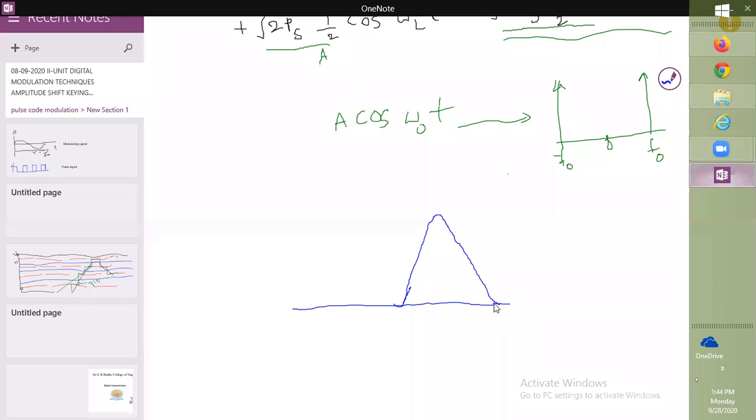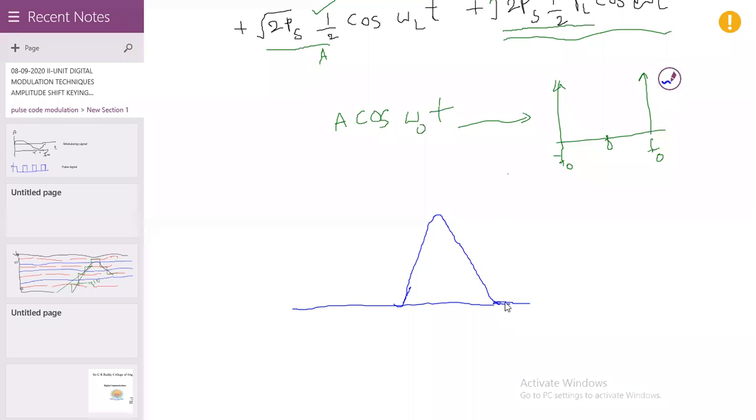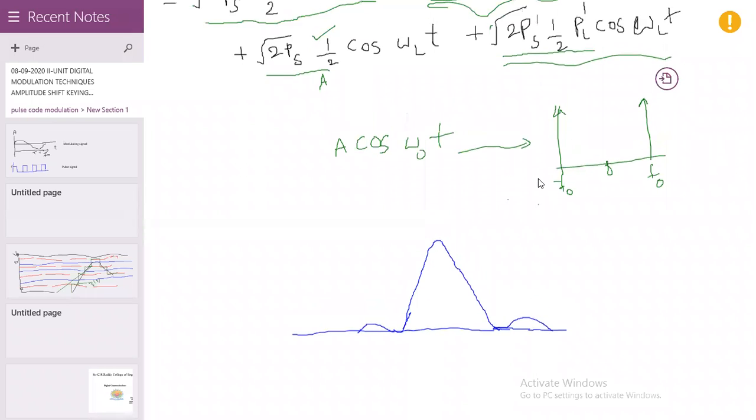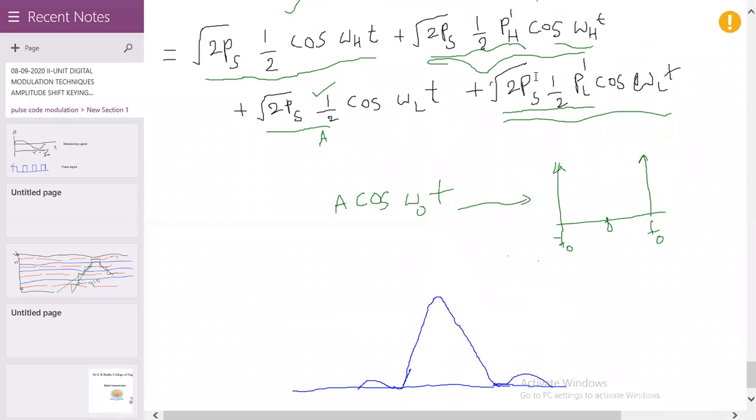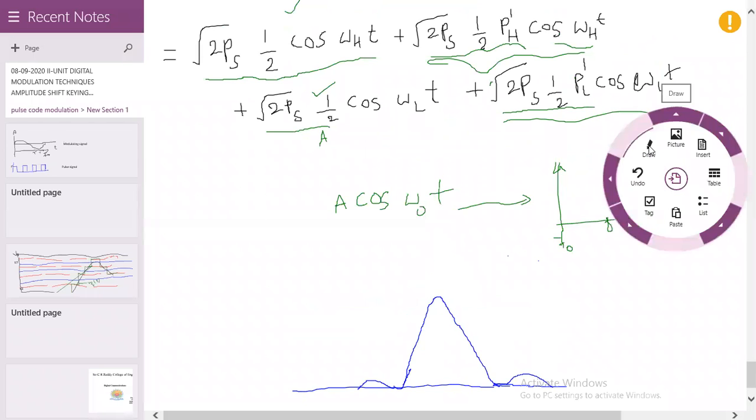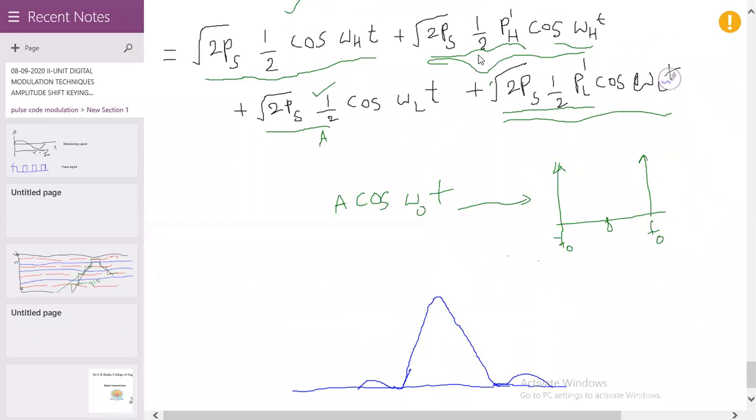Now I have shared. So here we can observe that for this case we can calculate the power spectral density of this one.